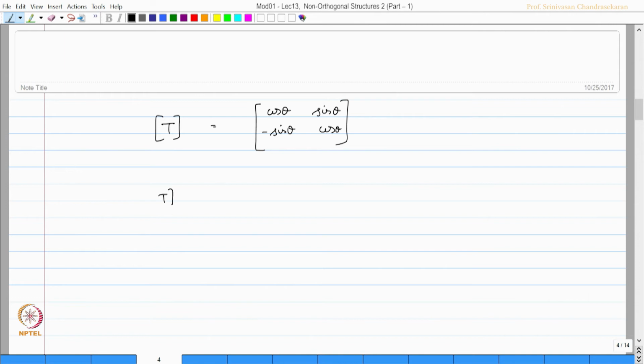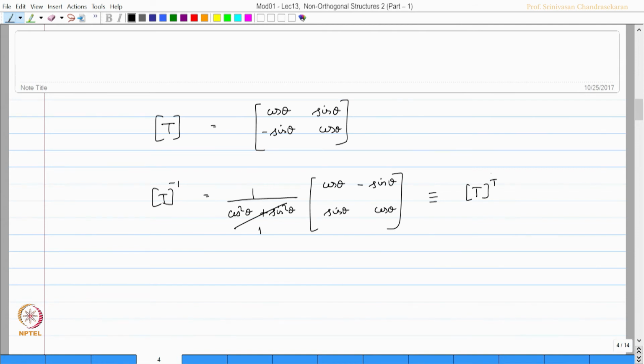Let us try to find the inverse of this matrix, which will be 1 by cos square theta plus sin square theta of cos theta, minus sin theta, and cos theta, because this is now equal to 1, which will be the same as the transpose of this matrix, is it not? Change of rows and columns. So, T inverse is actually equal to T transpose, hence the transformation matrix is orthogonal, okay.